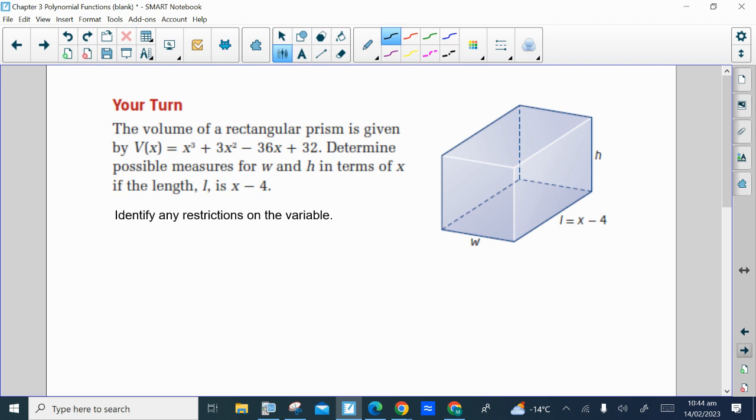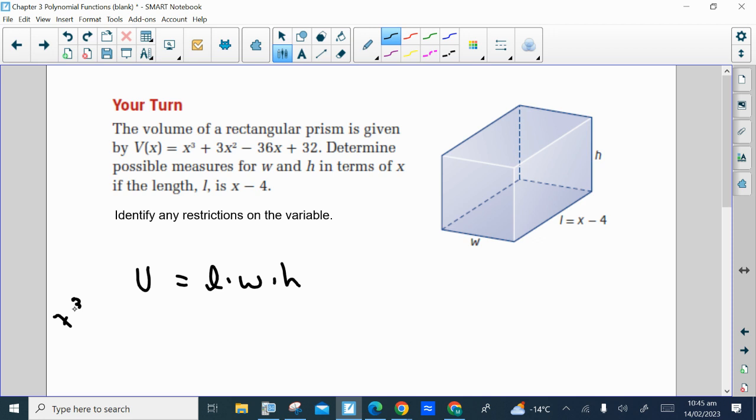We've got the volume given to be x cubed plus 3x squared minus 36x plus 32. We're asked to determine possible measures for w and h in terms of x if L, the length, is x minus 4. Again, volume equals length times width times height.